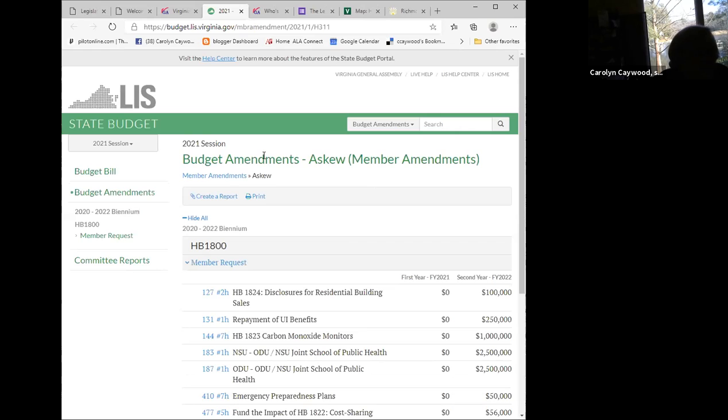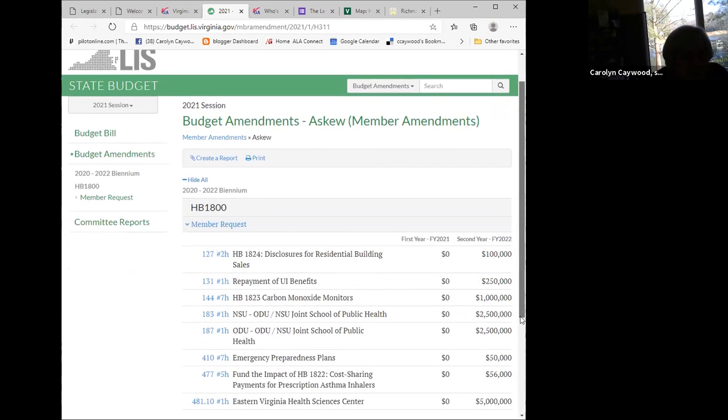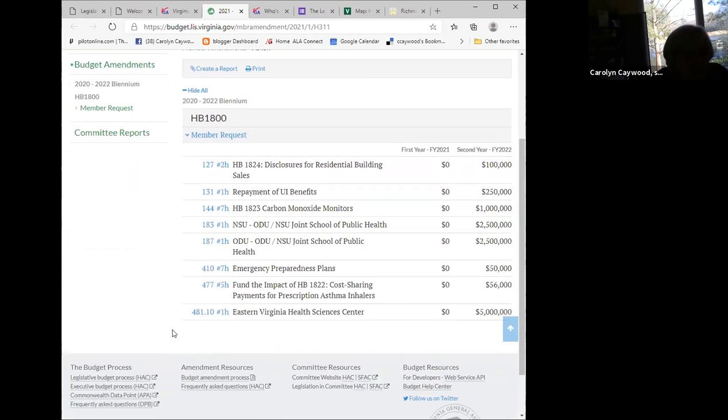Proposed budget amendments. See, that popped us right into the Legislative Information System. There are multiple entry points. And here are the things that he wants to get some money assigned to.